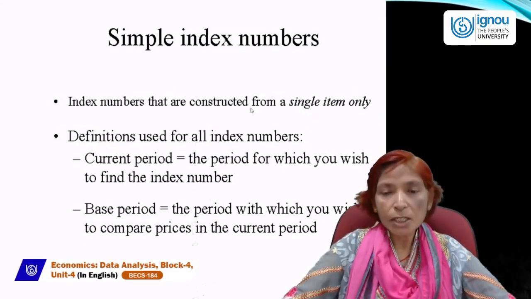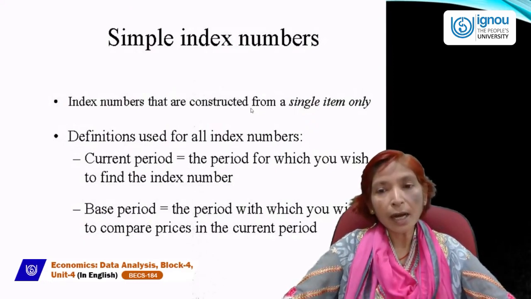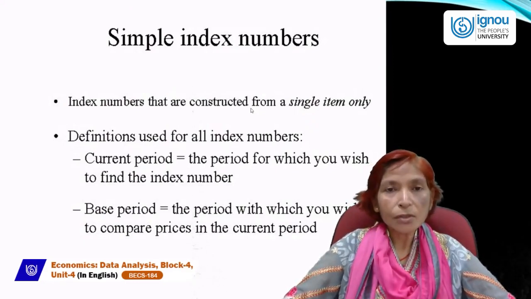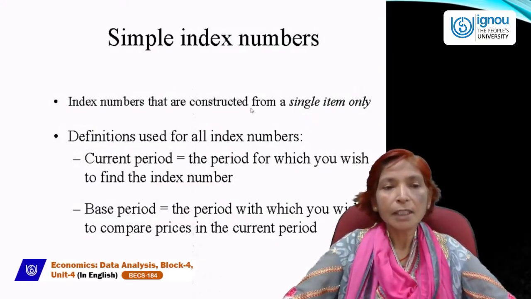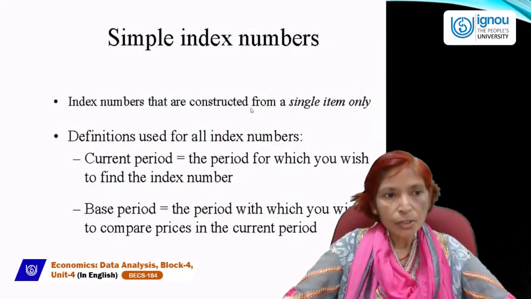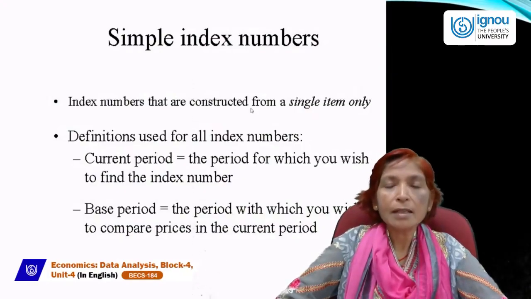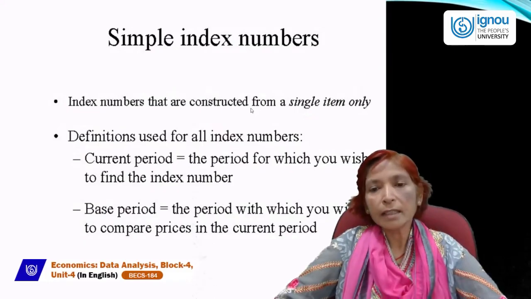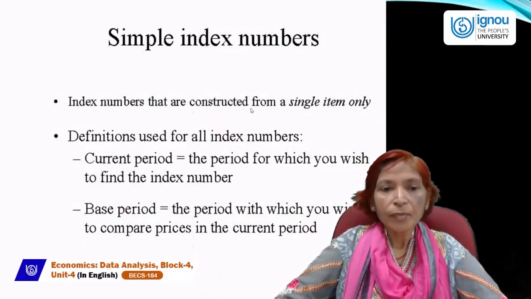If we want to construct an index number on the basis of a single item, that is called simple index number.